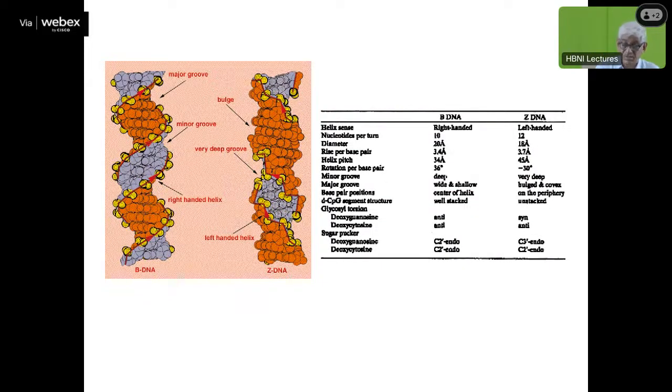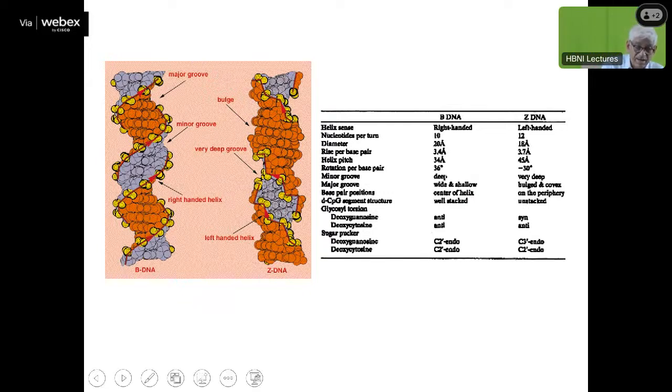Okay. So now this is the Z DNA, B DNA comparison here. You can see here, you cannot see the grooves very clearly in the case of Z DNA, whereas in B DNA, you can see these clear grooves.